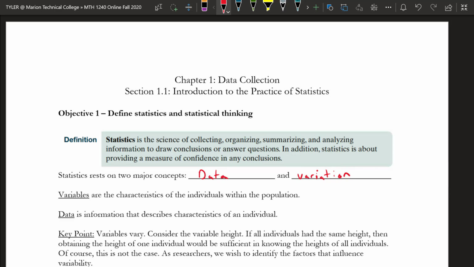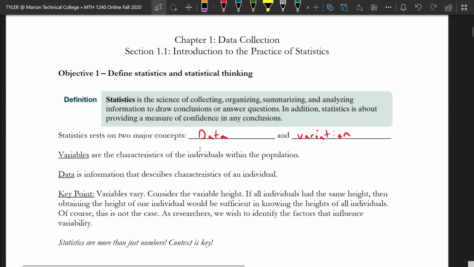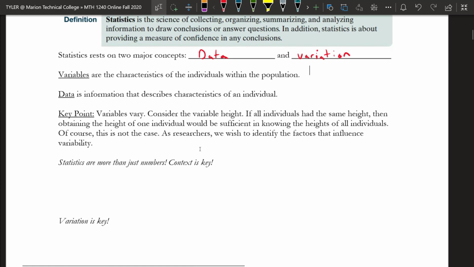These things are super important for statistics. We'll talk about those, and along with data, we should emphasize context. I'll put that in parentheses, because data is not just a number.